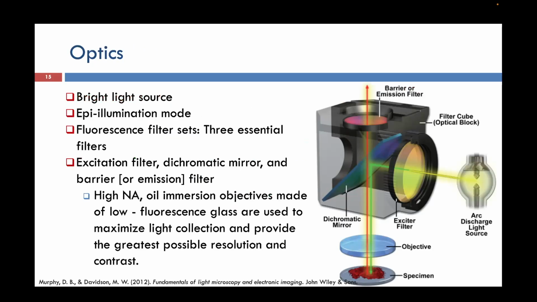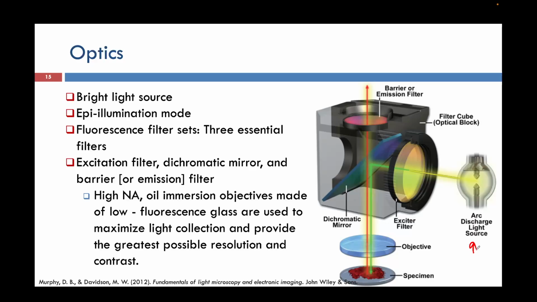Okay, and the optics is like this. I have mentioned these things here. There are three things we have to see in fluorescence microscopy. One is that our light source should be bright, so that we get proper fluorescent radiation.